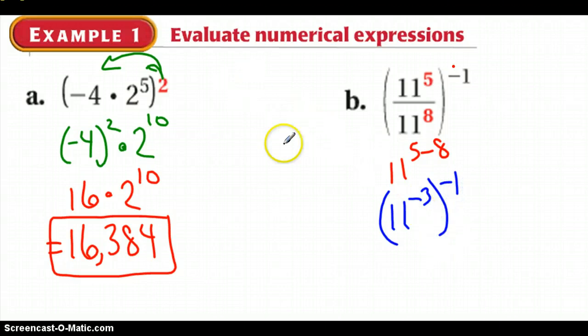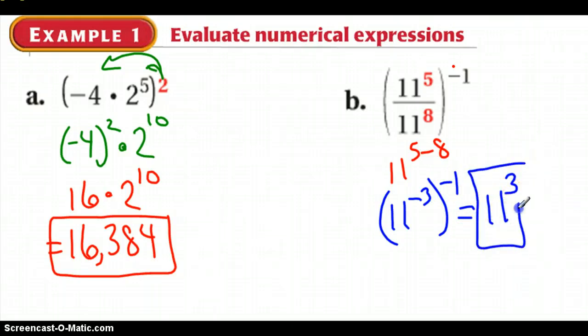Then you can multiply negative 3 times negative 1, which will be positive 3, and you can leave it like this. If you have a calculator, then you can go ahead and multiply that out. But if it's a big number to a big exponent, that's not too big, but you can just go ahead and leave it like that.